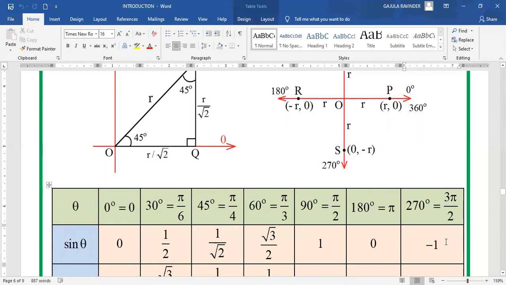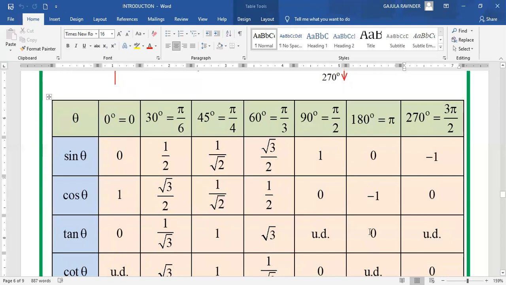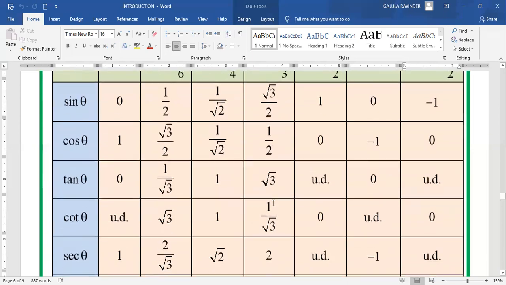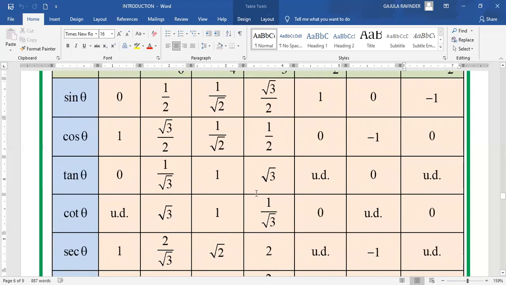So like this, friends, you have trigonometric values of these angles for all the ratios, sine, cos, tan, cot, and secant, so that you can note down from this tabular form. Here UD means undefined. Sometimes we will say infinity also, but undefined is different from infinity.